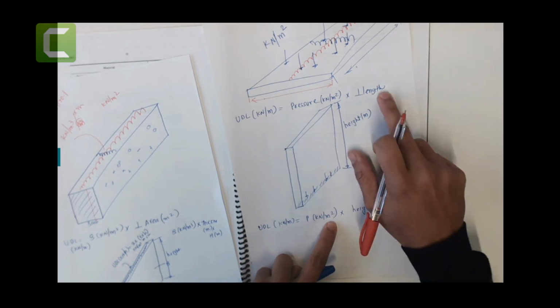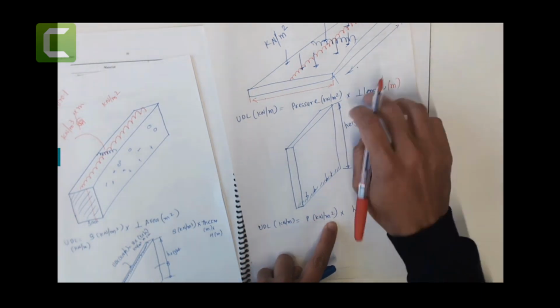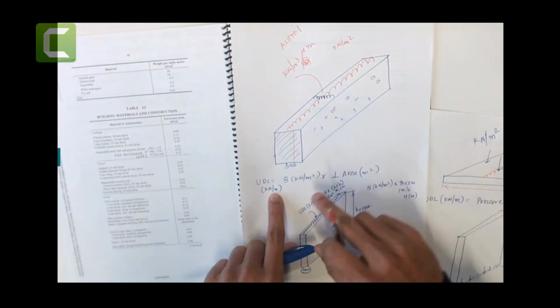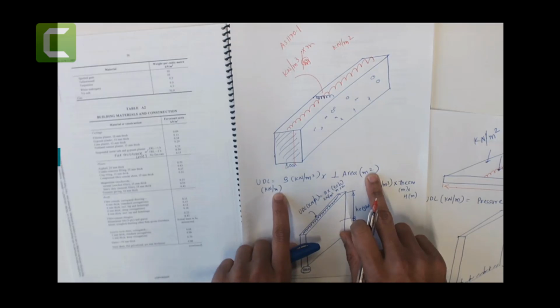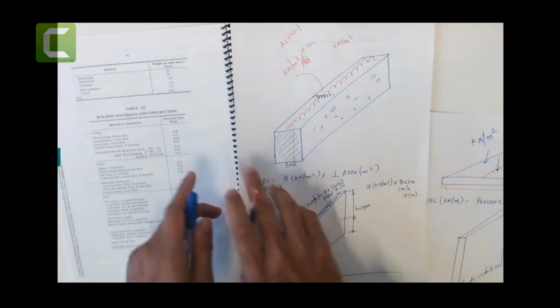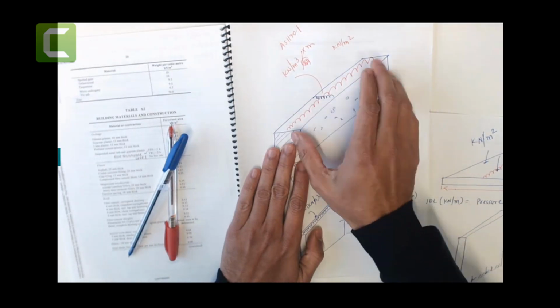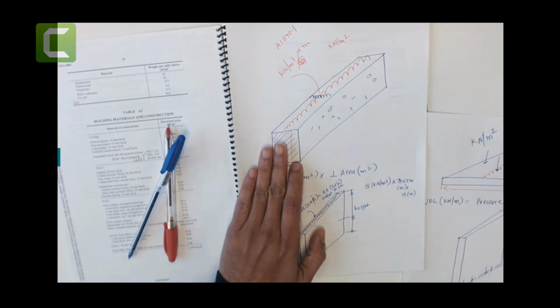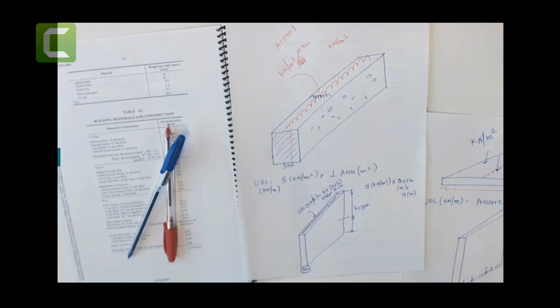Here you have kilonewton per meter square, but you want the UDL load in kilonewton per meter. So you try to take off one meter, so you just multiply by area. But which area? Just imagine that, okay, this is the thing. I think I have one kind of there you go. This might work a bit more if I can.